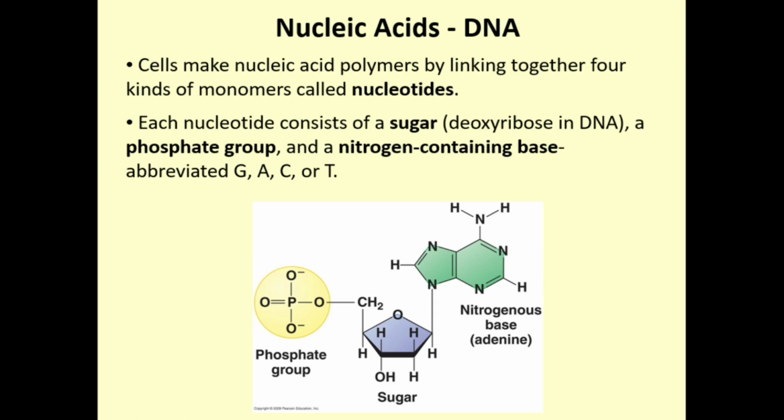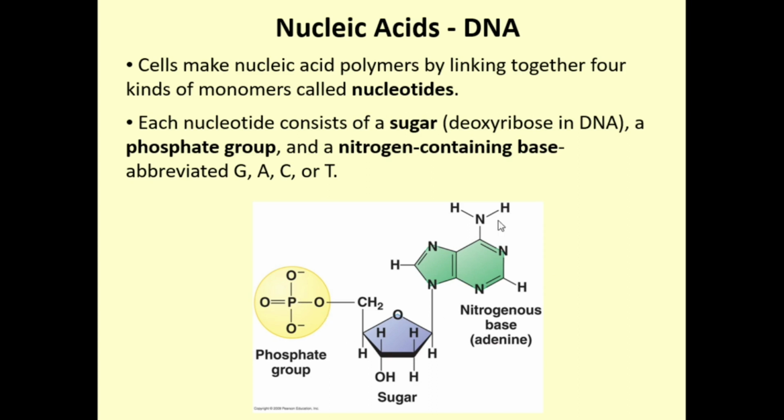In this particular example, we can see that this nitrogenous base is adenine. So the A stands for adenine. G, as we'll see in a minute, stands for guanine. C stands for cytosine, and T stands for thymine. So we've got G, A, C, or T, and any one of these four can be attached here.